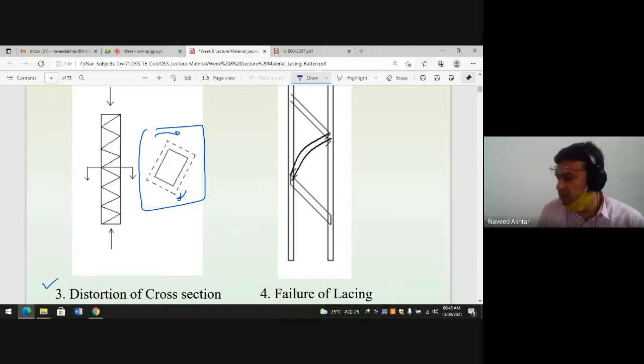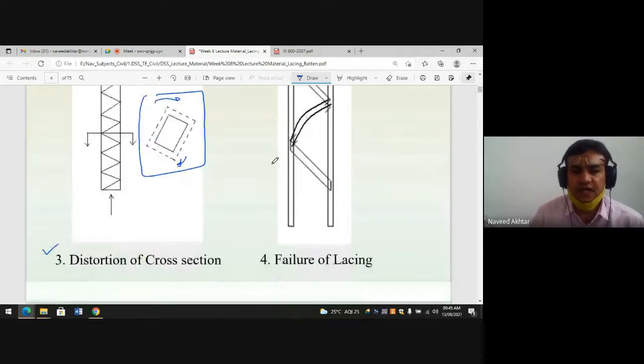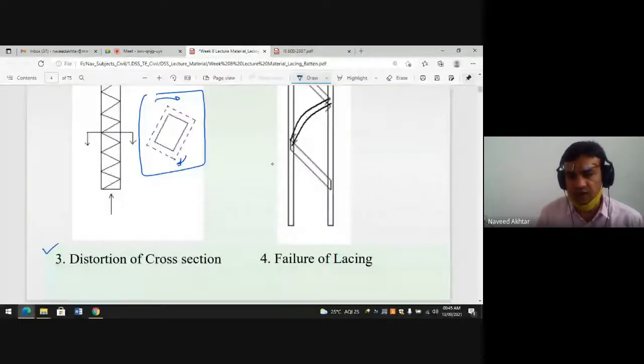That is a failure type of the lacing system or built-up system. The fourth one is the failure of lacing. Lacing bars are provided in the laced column, and failure of the lacing system may happen. Sometimes failure may occur in the lacing that we are providing.